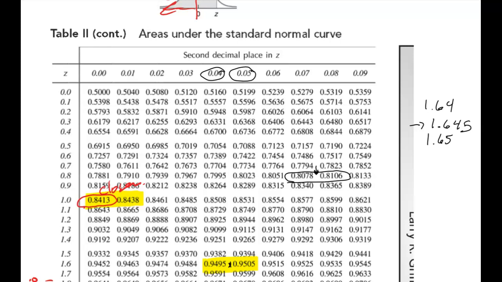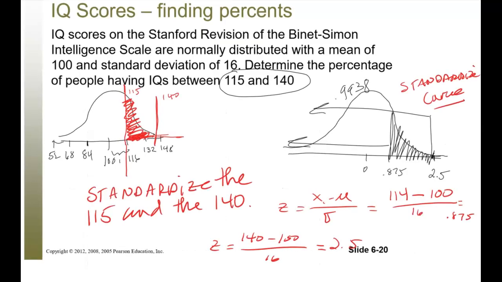0.8092. Again, it's okay if it falls a little closer to one. You can go ahead and just use the one it rounds to. But since it is directly in between, I'm going to try to get as accurate a number as possible, and I'm going to use 0.8092. All right, so to find the area in between, I must subtract these two numbers.